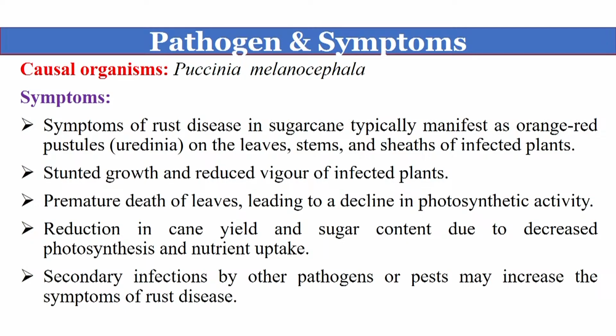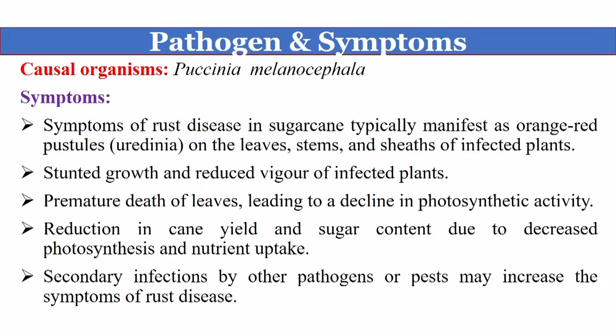Dear learners, the pathogen responsible for this disease is Puccinia, and now you can identify the symptoms. Basically, rust disease of sugarcane typically manifests as orange to red colored pustules on the leaves, sometimes on stems as well as the sheath.